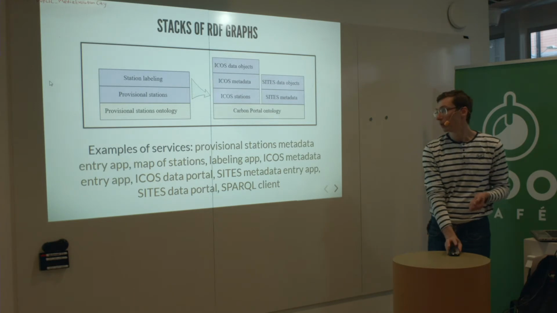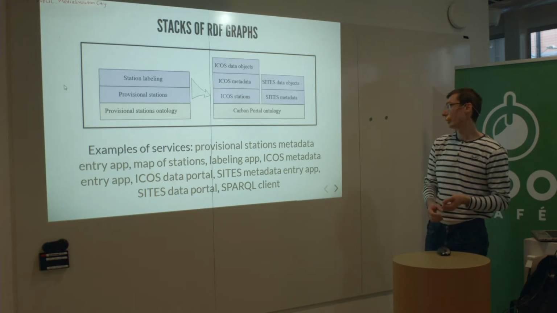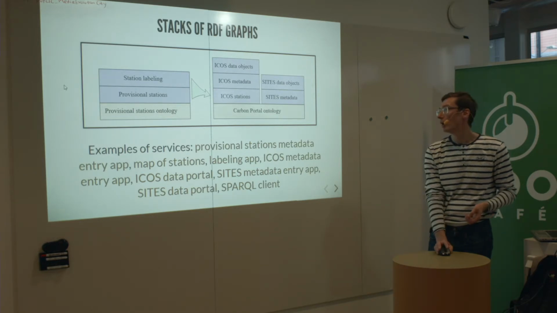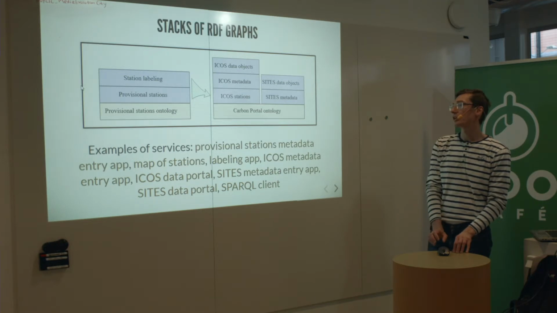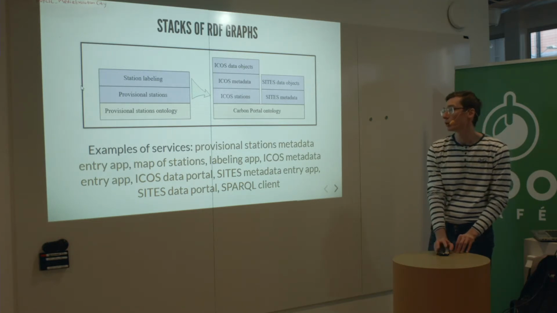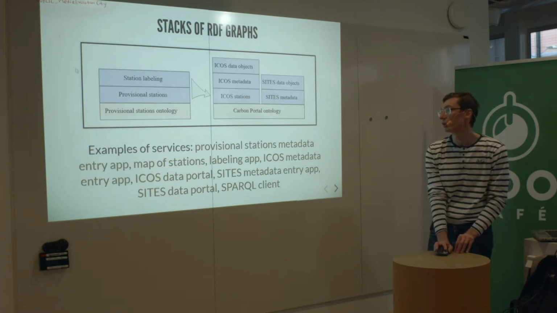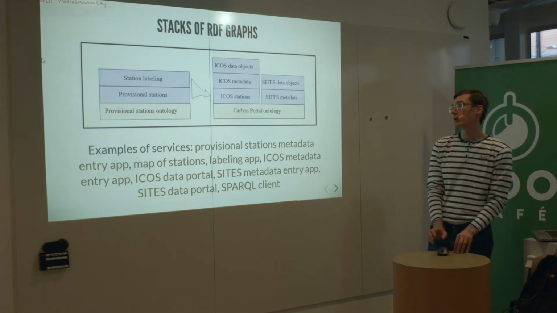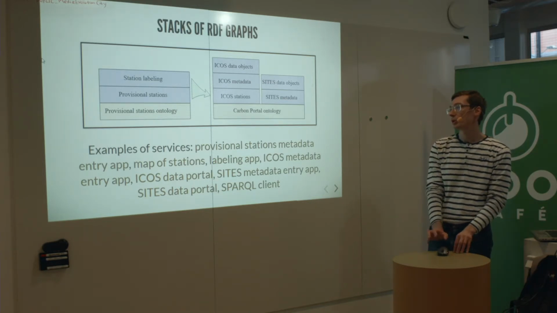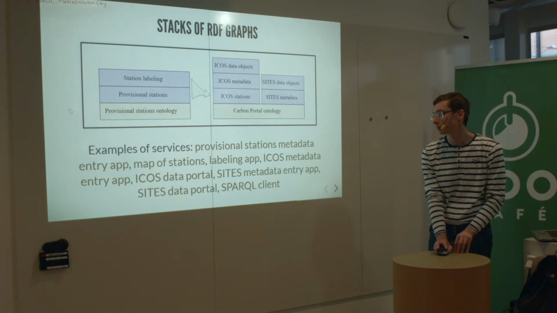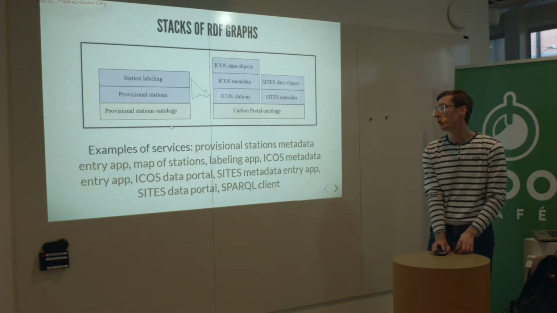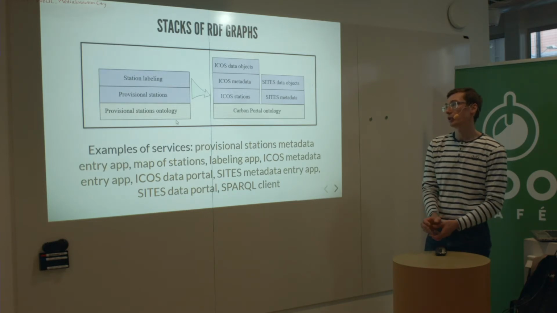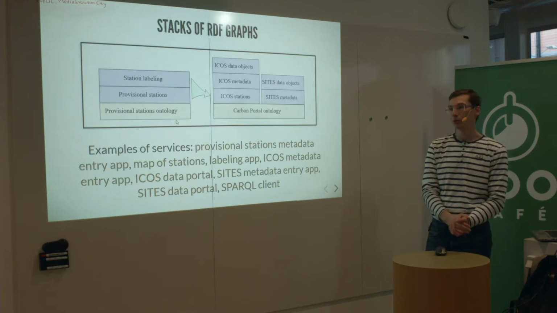Here we will look at examples of different things we have in production, and how they use different stacks. In the end we have all of these in our triple store, but every application uses only a certain stack. The very first thing that needs to happen in our infrastructure is that a station needs to be added to the list.